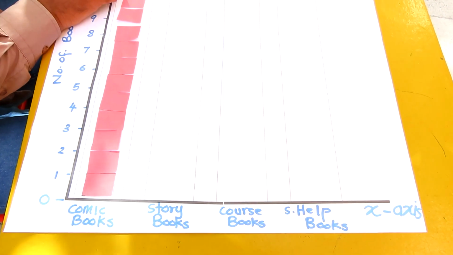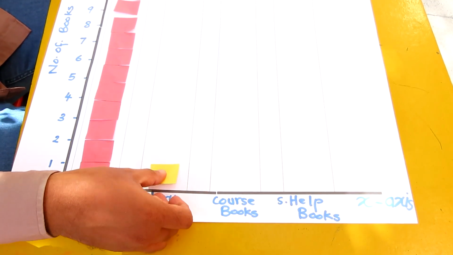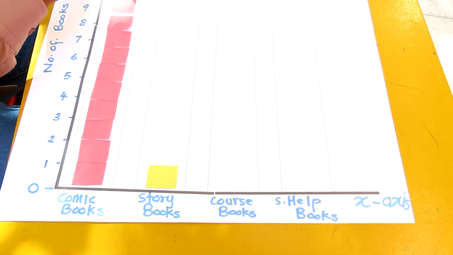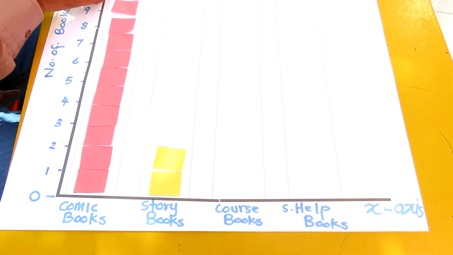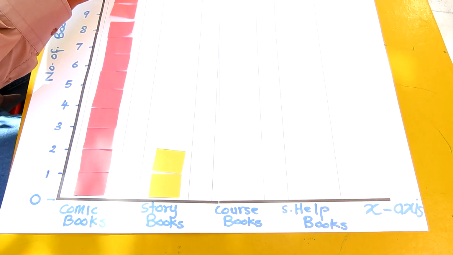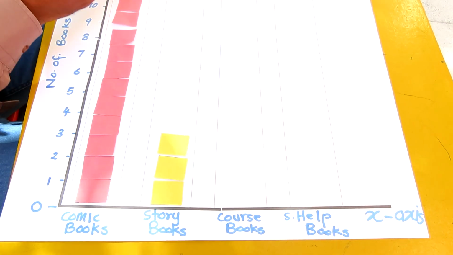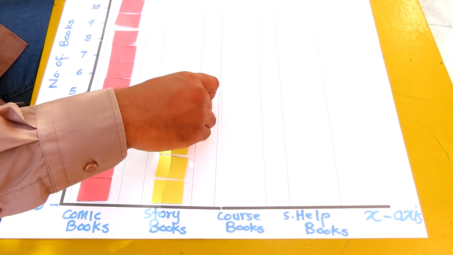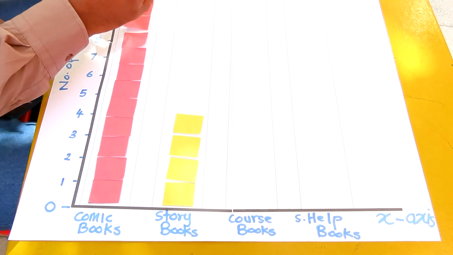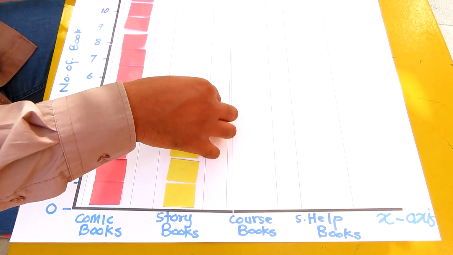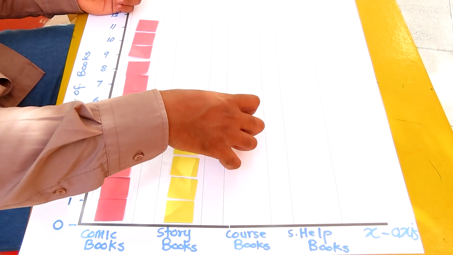So I am going to use the yellow counters to show my story books. 1, 2, 3, 4, 5, 6.